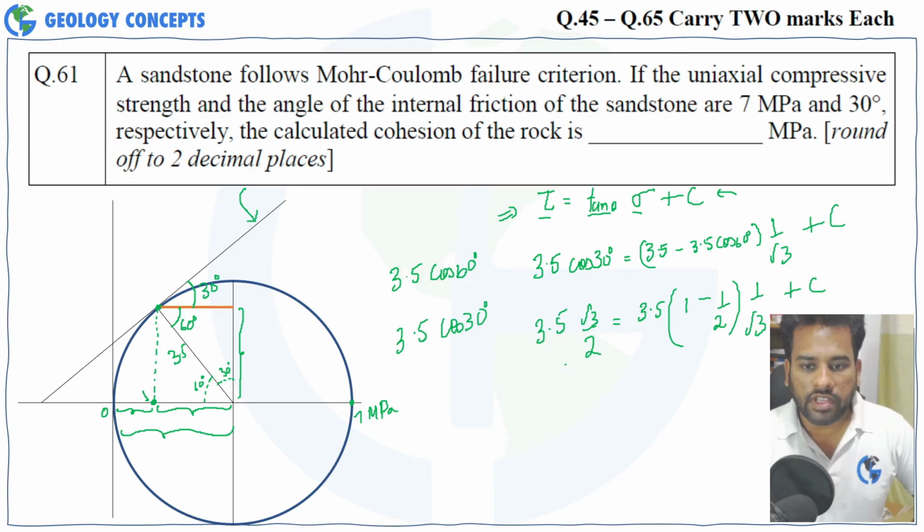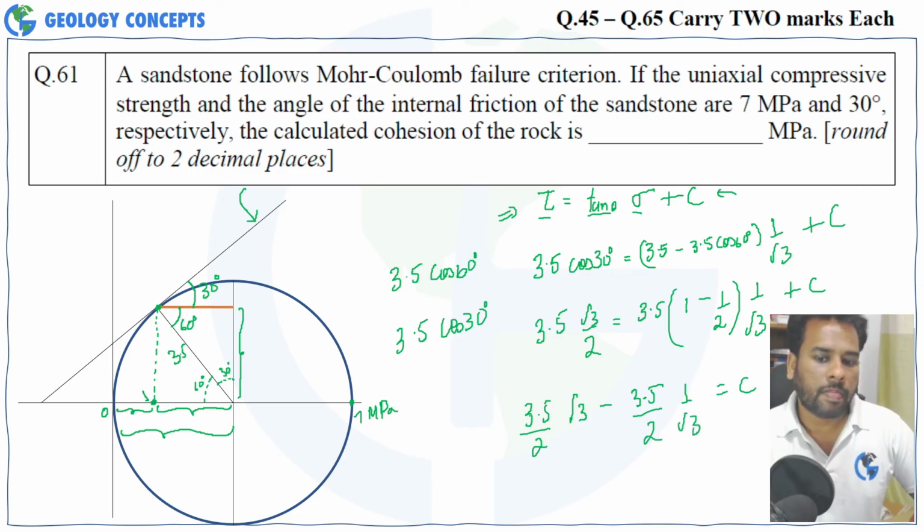Now to keep solving, this is 3.5 by 2 into root 3 minus 3.5 times half into 1 by root 3, equals c.